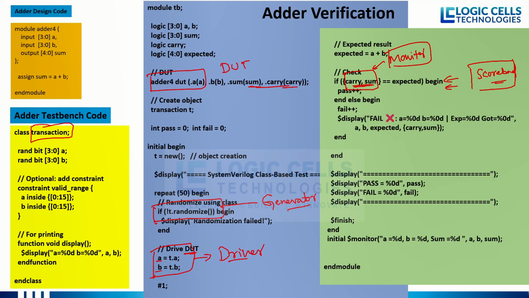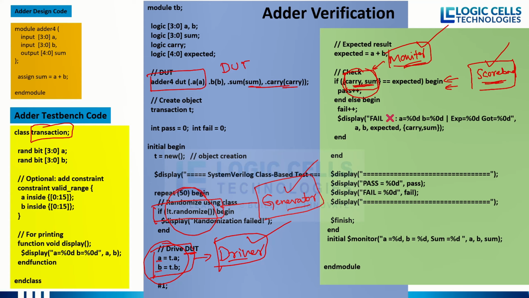Scoreboard. So now we need to have a generator, we need to have a driver, we need to have a monitor, we need to have a scoreboard. Suppose if we write them inside a separate class, what I do next is I will randomize it in a class called generator. I will drive those signals in a class called driver. I will monitor my output in a class called monitor.